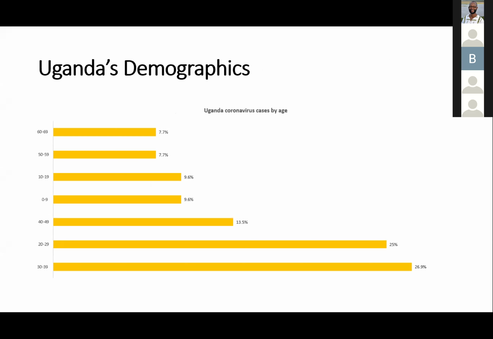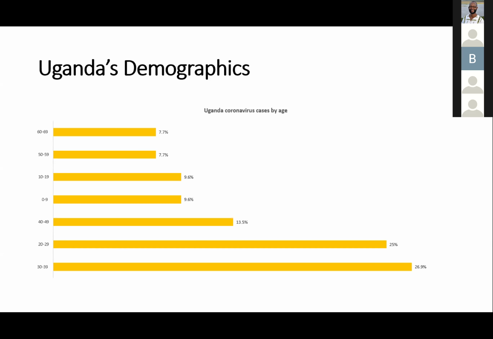From the research that is out there, we know that people who are seniors in age are more likely to contract the disease, and of course, if they have underlying conditions. Younger people are not less likely to catch the disease, but less likely to die from it. And Uganda's population is 76% below the age of 30.